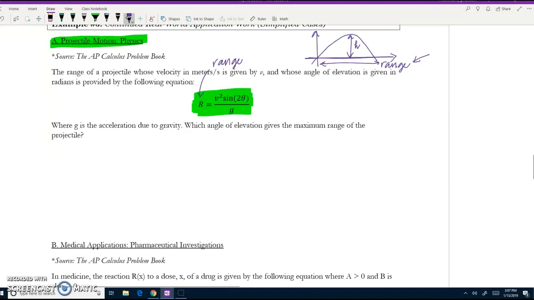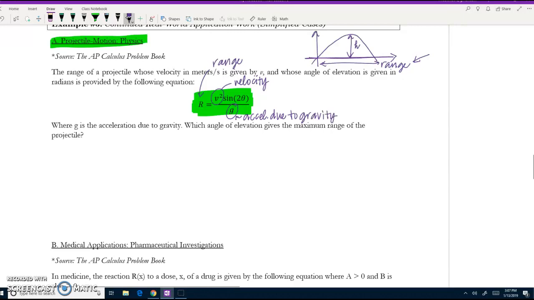Then in this formula, you have V squared, which is the velocity. That's how fast you originally launch it. You can imagine a football quarterback is probably going to throw a football a lot harder than maybe a 5-year-old who's playing around at home. So that shows your initial launch velocity. And then g is your acceleration due to gravity.